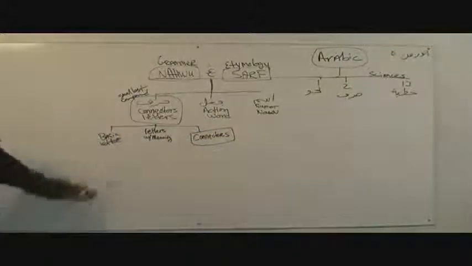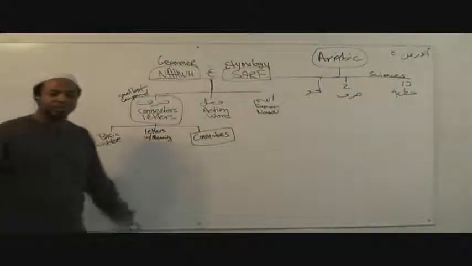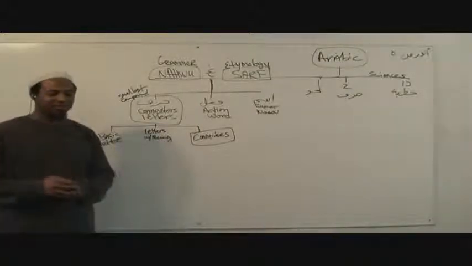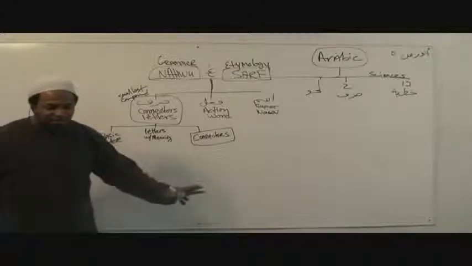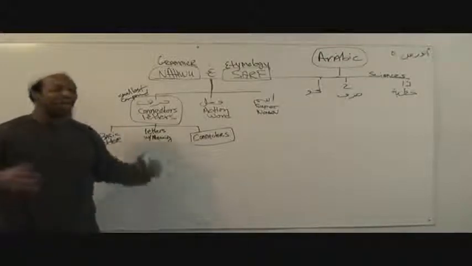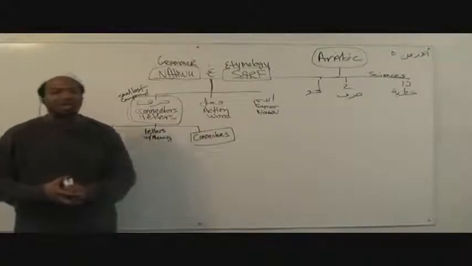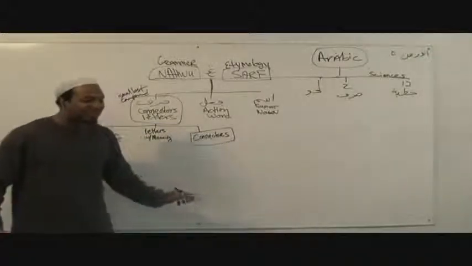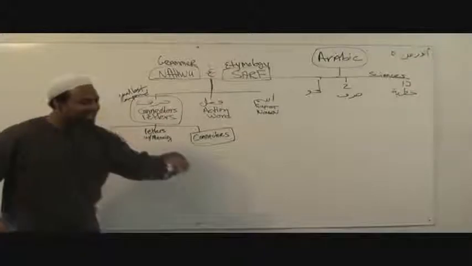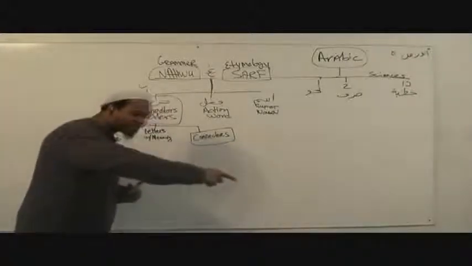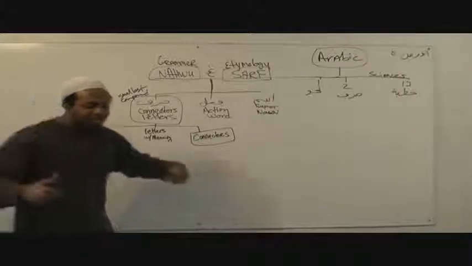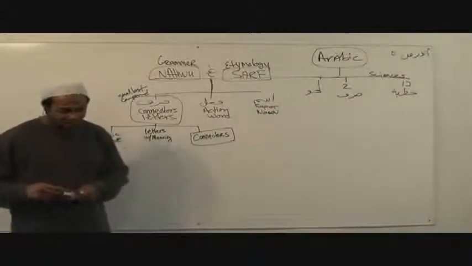What is a connector? It's like when the children say, why did you do that? Because. A connector is a word that points to a meaning in another word, and it's not connected to a time frame. So it doesn't have its own meaning.